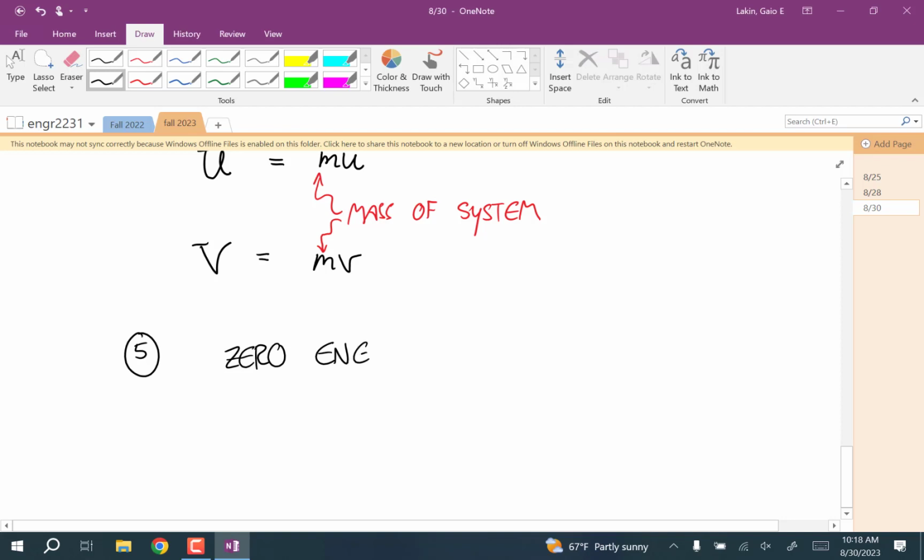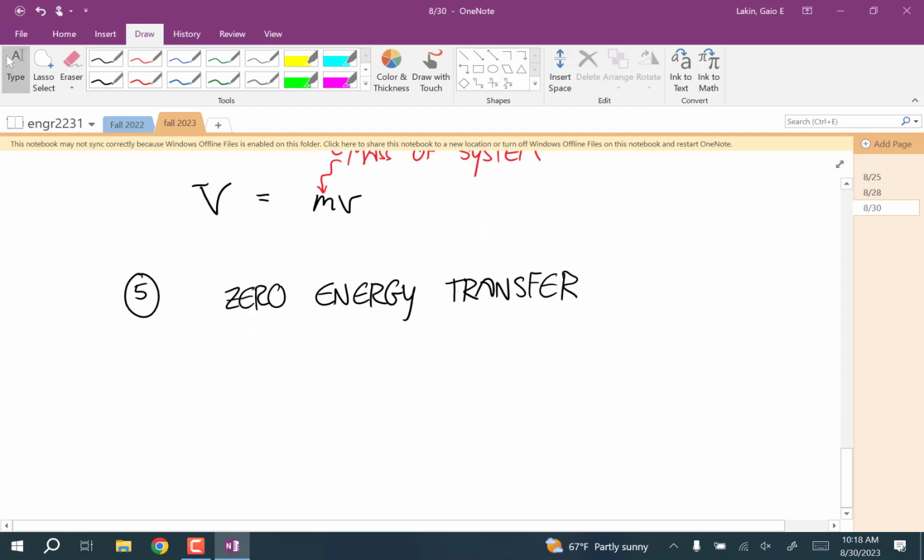So think of these as ways of having zero energy transfer of various types. Work equals 0. But let's just say the work of expansion. There's a couple of other kinds of work. But the work of expansion is equal to 0 if you have a fixed container. So that's the same as keeping the volume constant.